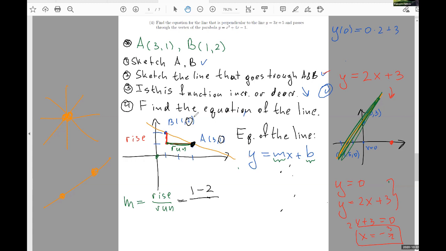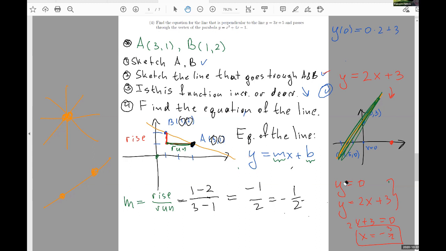And what is your run? Run is 2, yes. I take the x value of my ending point and subtract the x value of my initial point. So it's going to be 2. So you can see the slope is equal to -1 over 2.